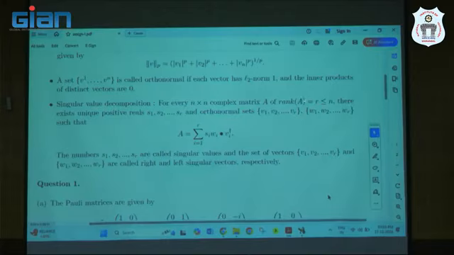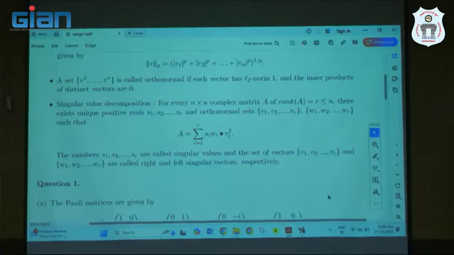If A has rank R, then S1 through SR are positive reals. The Wi are known as left singular vectors. The Vi are called right singular vectors. All the W1 through WR together form an orthonormal set. We know already what an orthonormal set is. The V1 to VR together also form an orthonormal set.